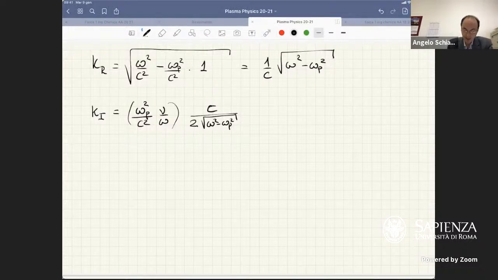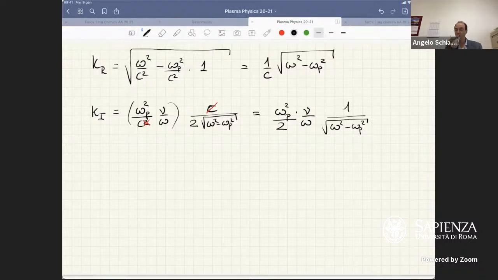In the end, we can get rid of the c squared here, and we end up with omega p squared times the ratio of the collision frequency to the frequency of the wave, then a factor of 2, and then 1 over the square root of omega squared minus omega p squared. Okay.